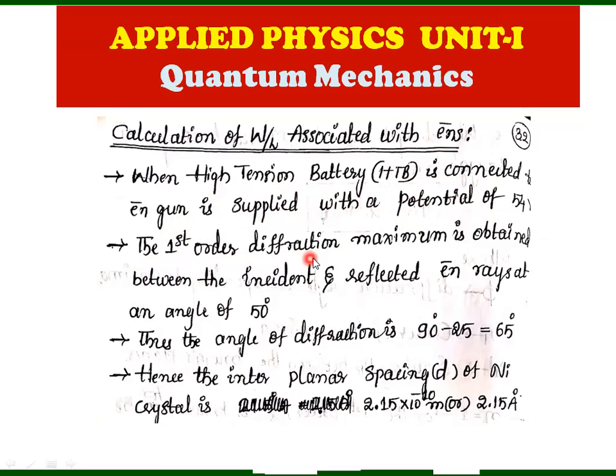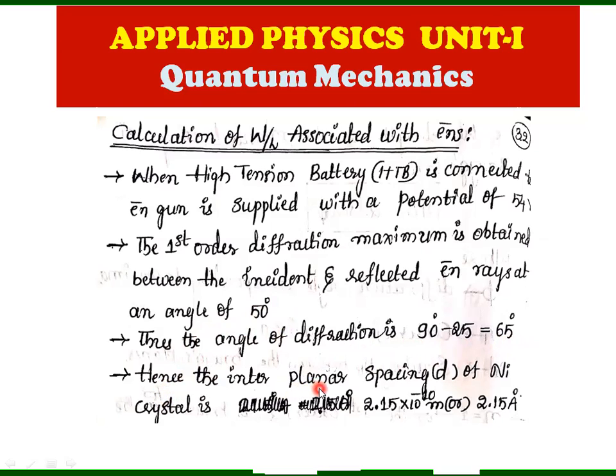Then the first order diffraction maximum is obtained between the incident and reflected electron rays at an angle of 50 degrees. The maximum current is found when the incident and scattered rays make an angle of 50 degrees. Thus, the angle of diffraction is 90 minus 25, which is 65 degrees.